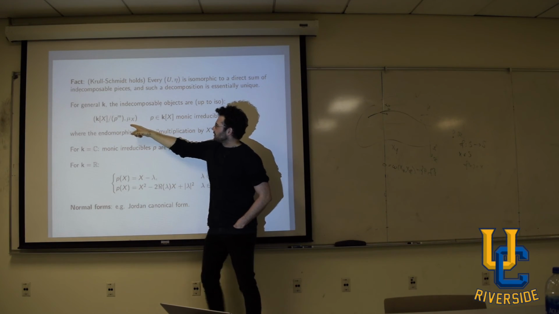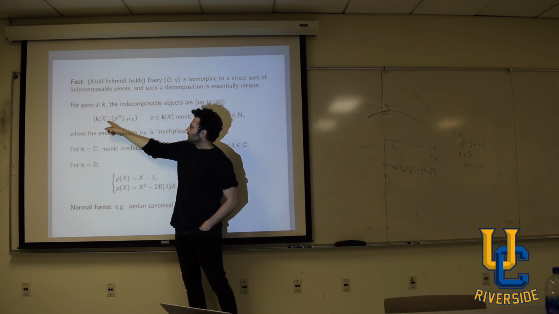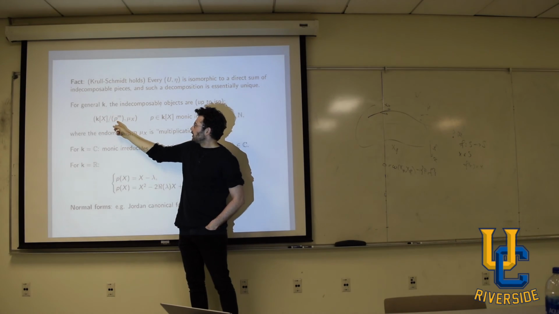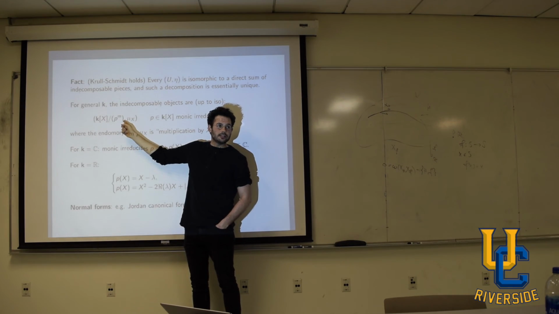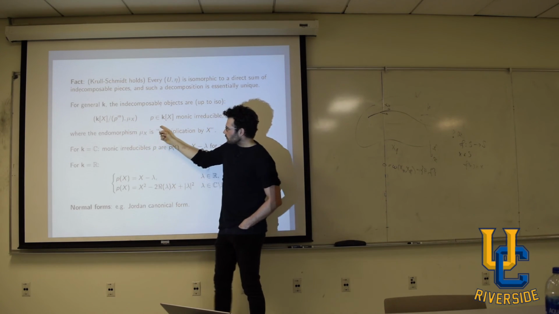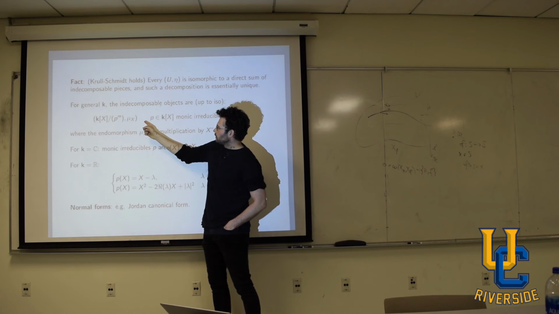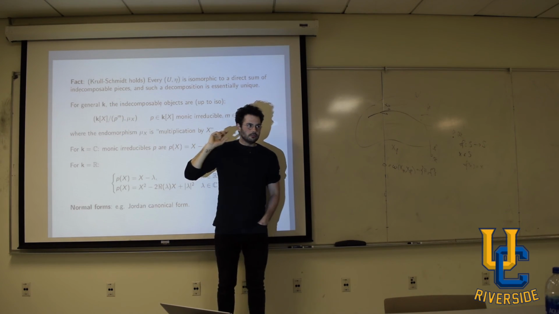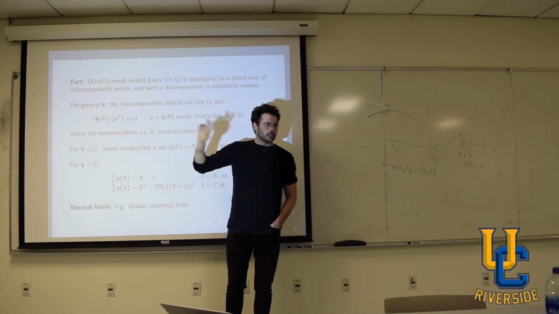This vector space. So we take the polynomial algebra in one variable, and we quotient by the ideal generated by this polynomial to the nth power. And this will be a vector space. And then we look at the endomorphism mu x, which is multiplication by the variable x.